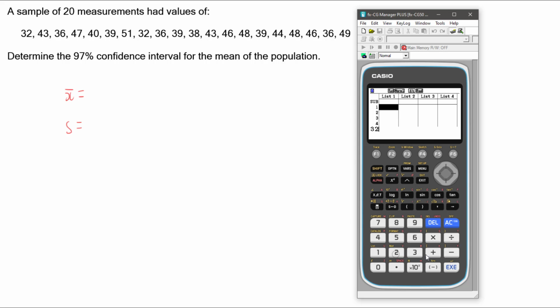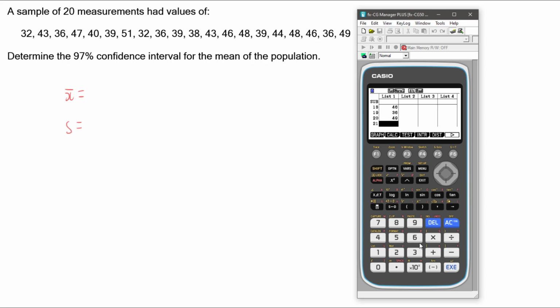So we've got 32, execute, 43, execute, 36, 47, 40, 39, 51, 32, 36, 39, 38, 43, 46, 48, 39, 44, 48, 46, 36, and 49.